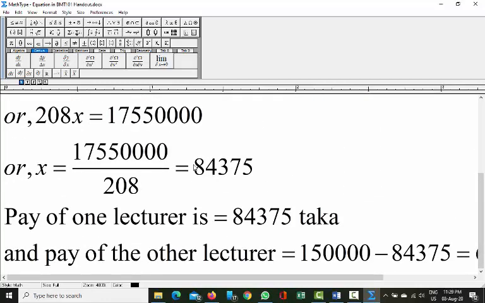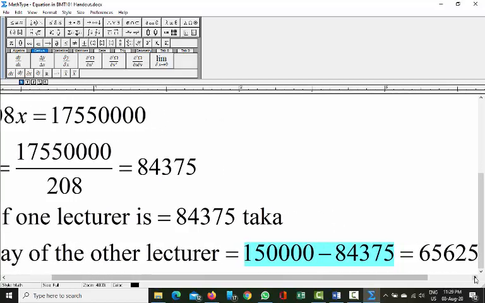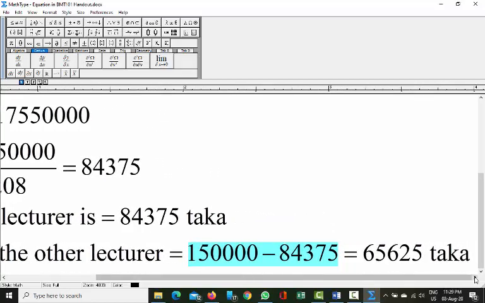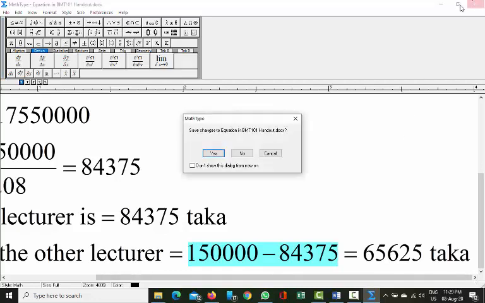So the pay of the first lecturer is this one, and the pay of the other lecturer will be 150,000 minus this, that means 65,625 taka. So this is the pay of the second lecturer.